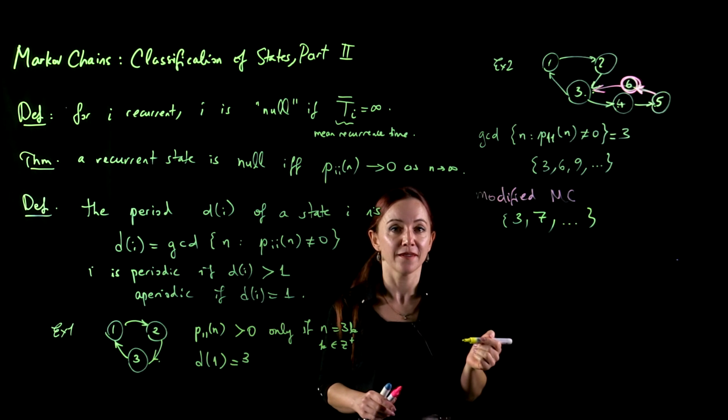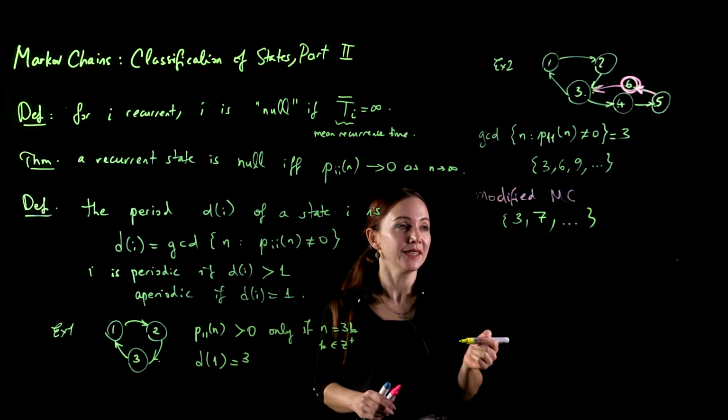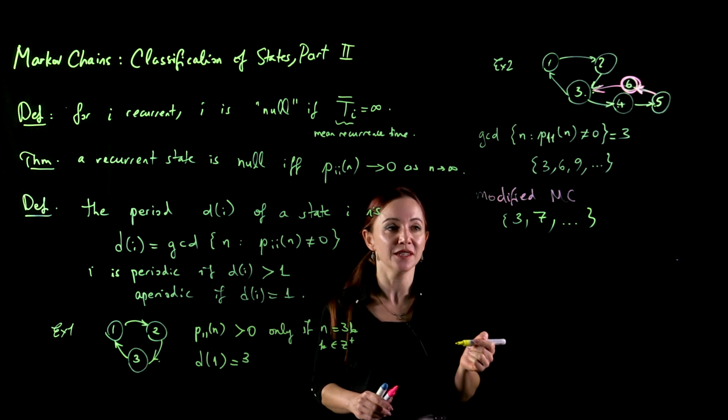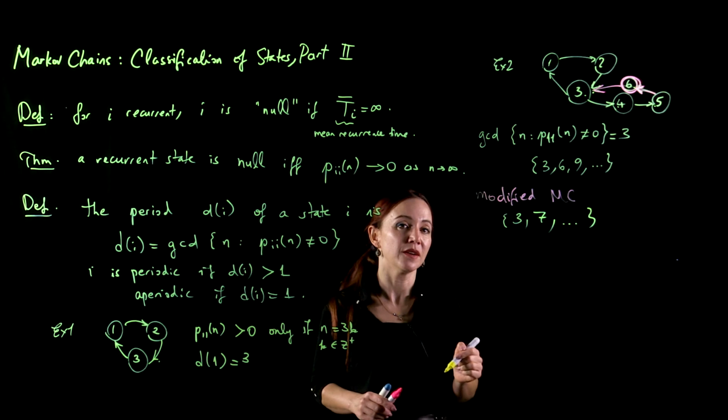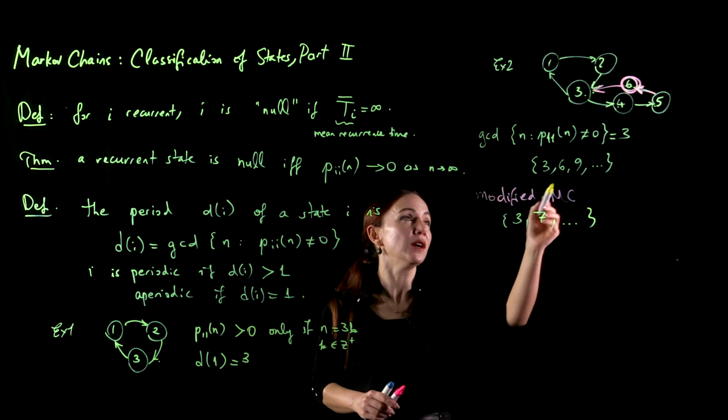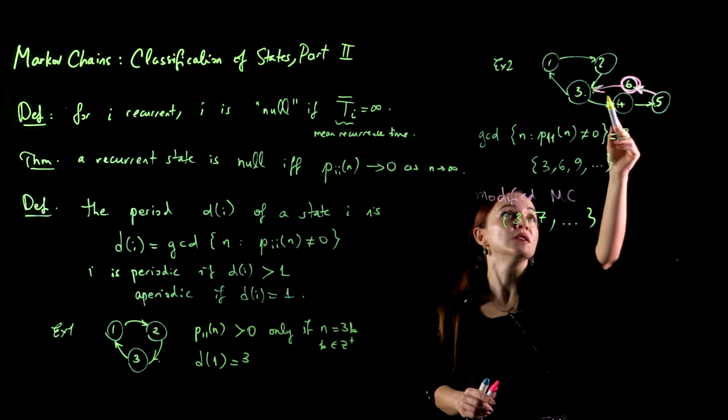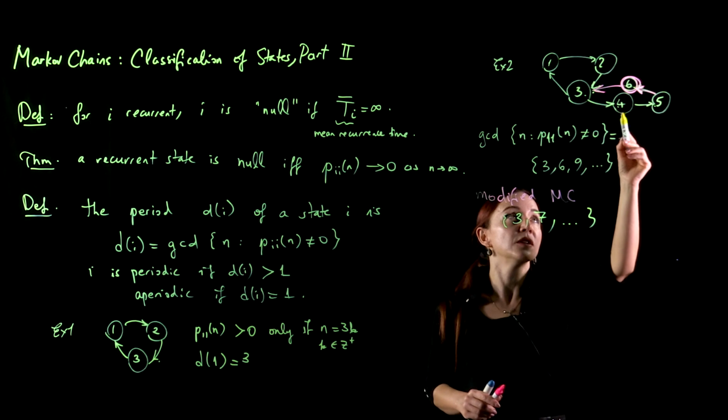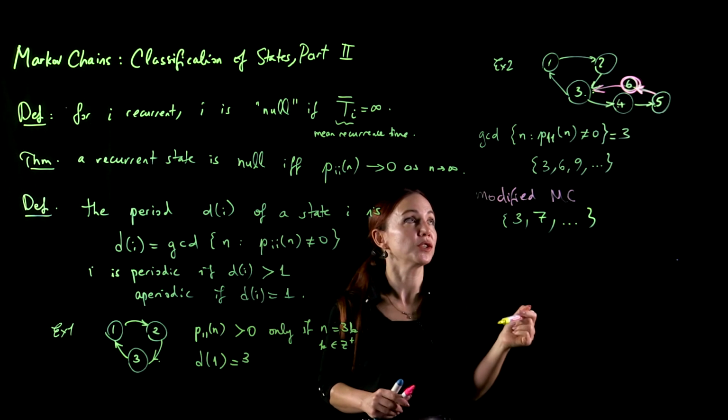Automatically, it is easy to see that the greatest common divisor is going to be 1. So adding this cycle destroyed the periodicity in the Markov chain.